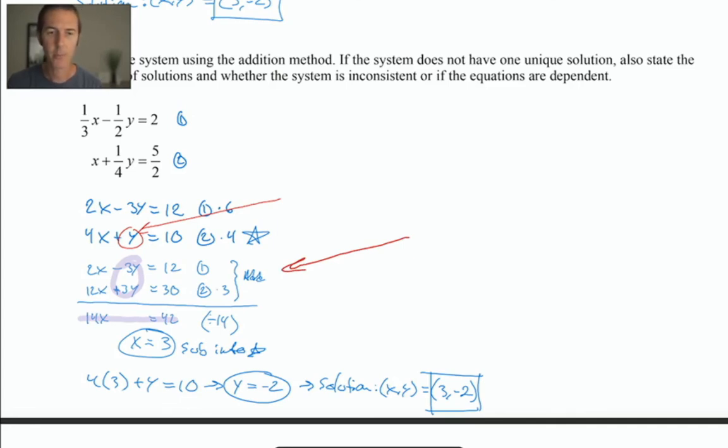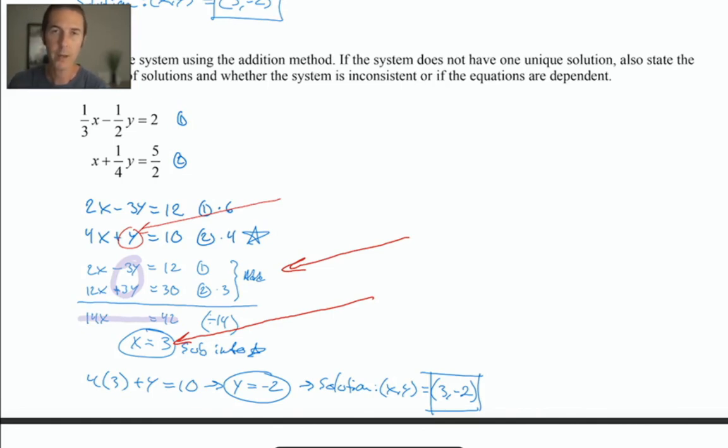Is it possible that solving a system of equations is going to result in something right here that says 3 equals 3? Probably not, because I always set things up so I've got all my variables on the left and my constant values on the right hand side of the equal sign. So we're not going to end up with something like 5 equals 3.